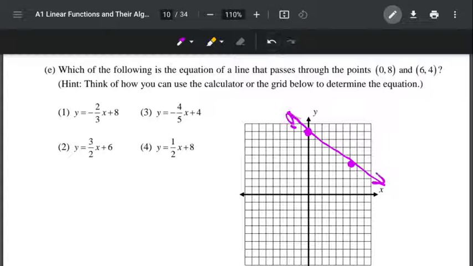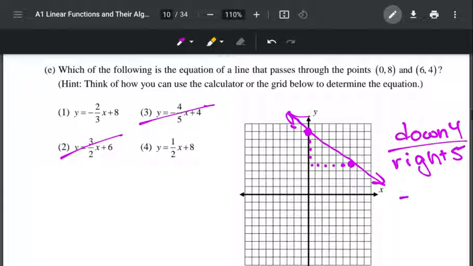There we go. So we know our y-intercept is 8. I'm going to cross off everything that doesn't have a y-intercept of 8. And our slope is down 1, 2, 3, 4. It's down 4. And right 1, 2, 3, 4, 5, right 5.